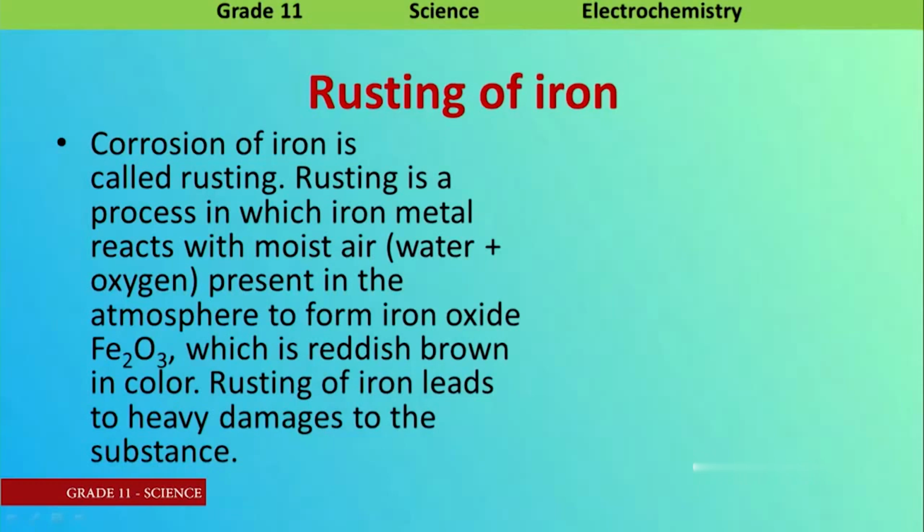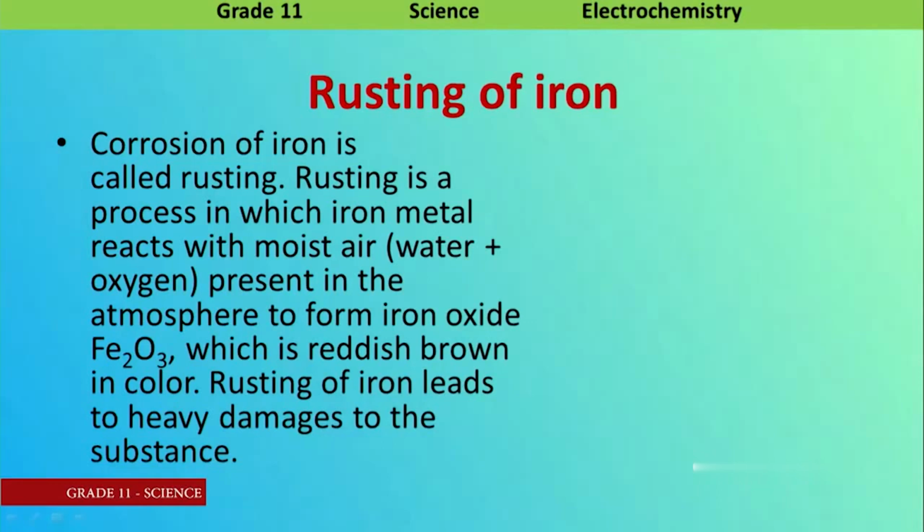When metal iron reacts with atmospheric oxygen gas and water vapor moisture, iron is subjected to chemical changes. Finally, a compound called ferric oxide is formed. This special process is called rusting of iron.